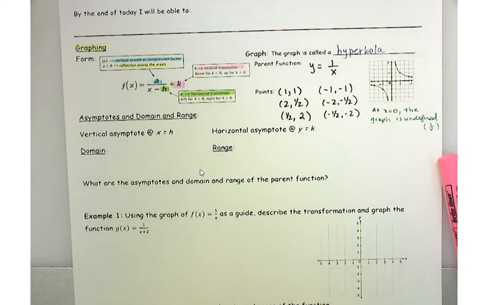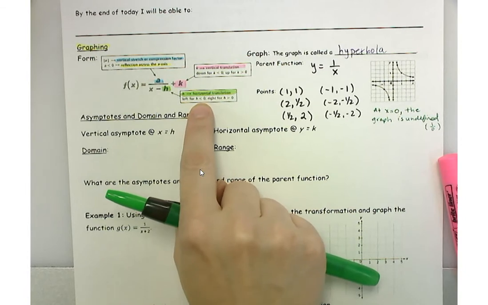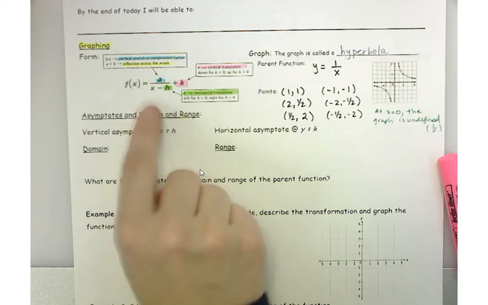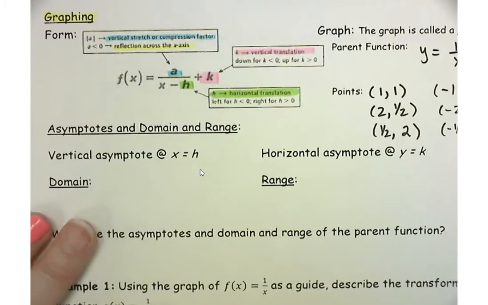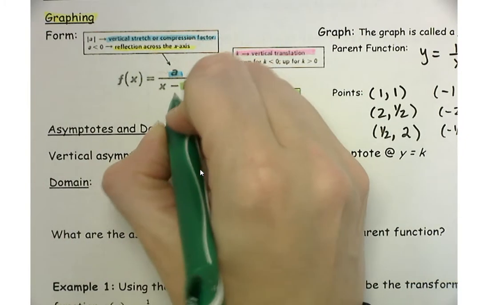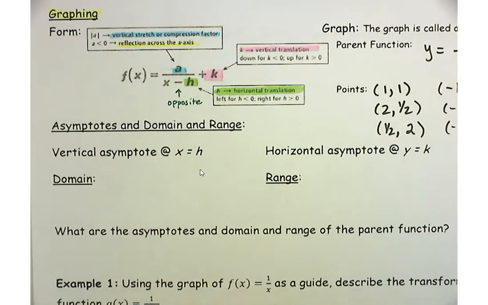Notice that you're going left when h is less than 0 and you're going right when h is greater than 0. With our horizontal transformations, we always have this minus here. The minus means that you're going to be doing the opposite. This doesn't have a horizontal stretch or compression in here.